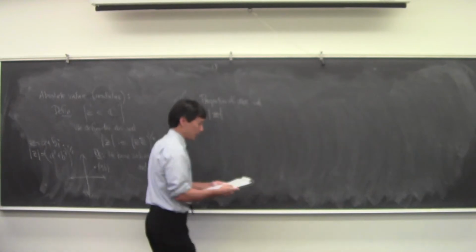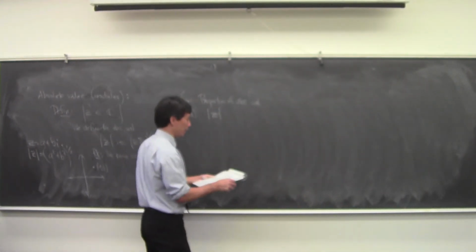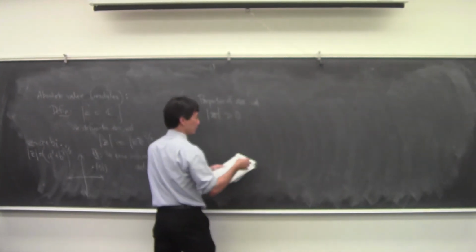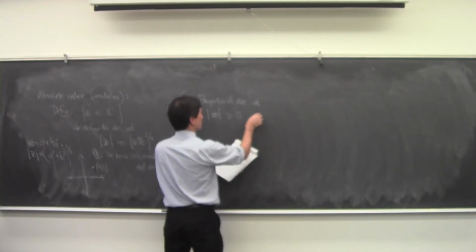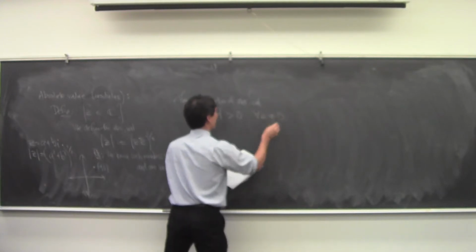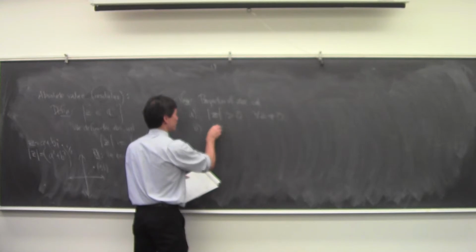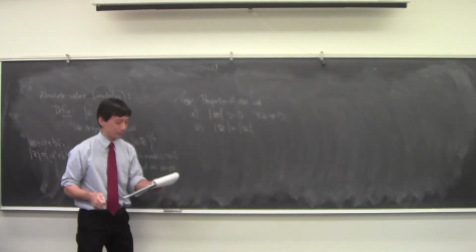There are a bunch of elementary properties of the absolute value for complex numbers that correspond to the same things for the real numbers. A: the absolute value is always bigger than 0 for all z that are non-zero. B: the modulus of the modulus is the same thing as the absolute value of the original. It's sort of obvious.